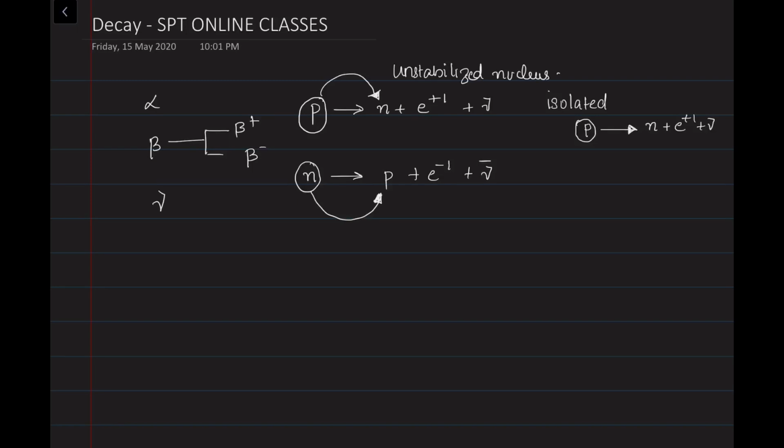So a confusion will be there. Then how does a lesser mass particle get converted to a higher mass particle? The answer is because of the help of the remaining protons in that nucleus.